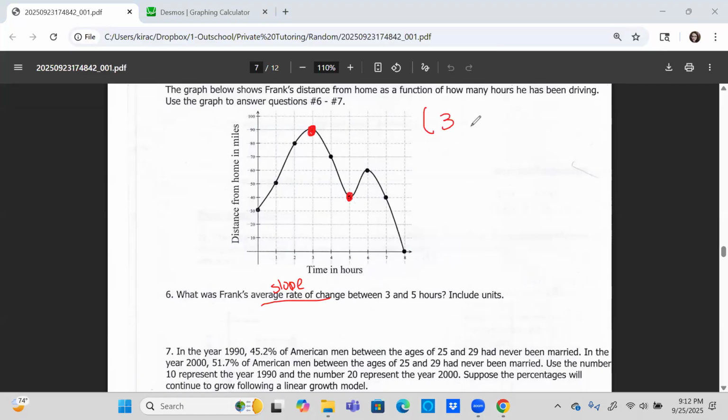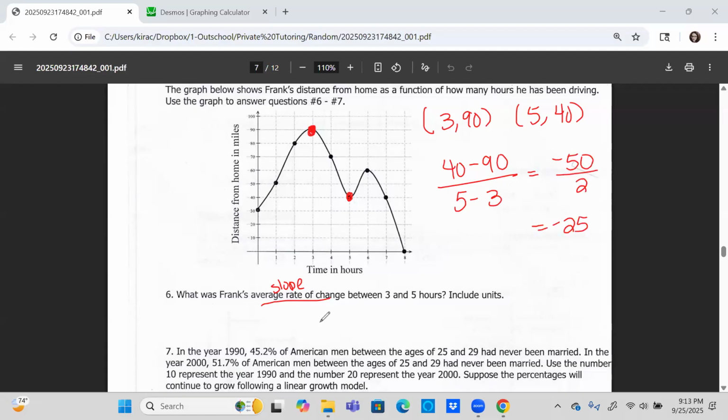So it's 390 and 540. Slope those. Second y minus first y, second x minus first x. So that's -50/2, which is -25. So -25 miles per hour.